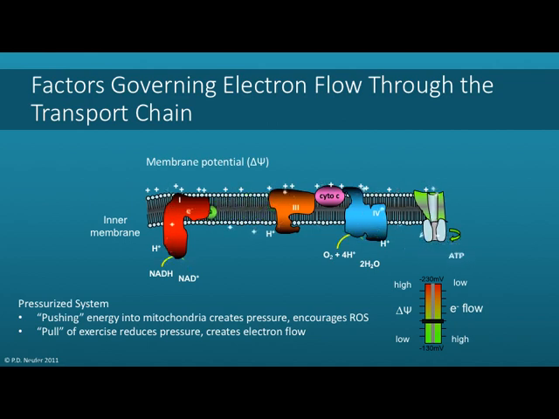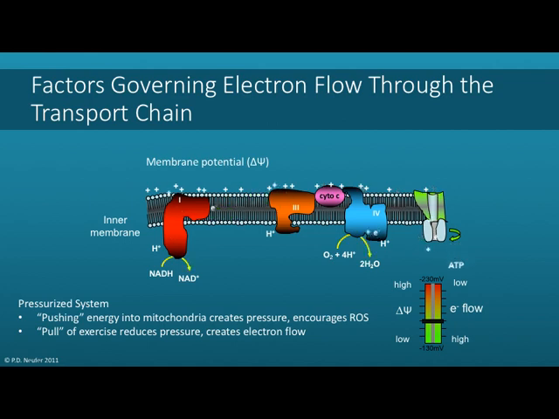So if we don't push energy in, we don't get this ROS production. And we can increase the pull by increasing the demand or the need for ATP. That increases the flow of electrons, decreases the potential, and decreases the likelihood that we'll produce reactive oxygen species here.